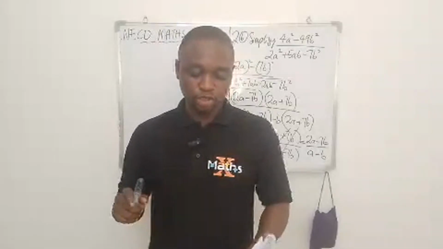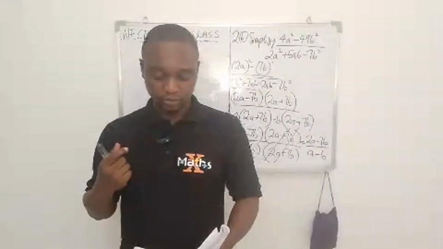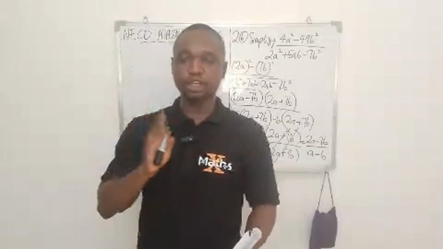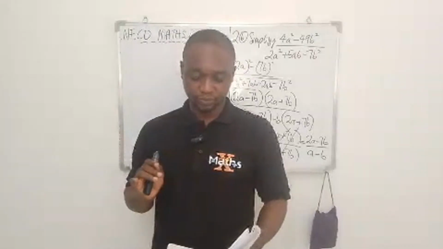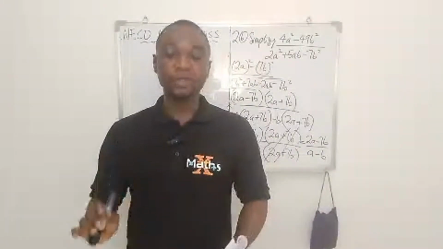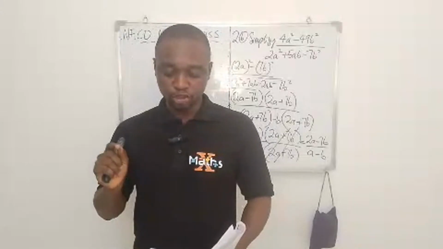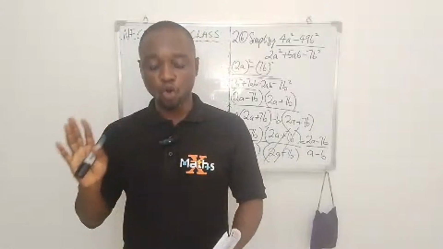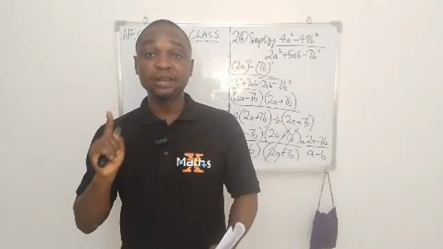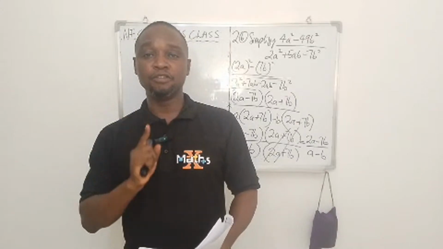X study all the 3 subjects. 2X study geography and economics only. 2X study economics and government only. And 2X study geography and government only. Use a Venn diagram to illustrate the above information.